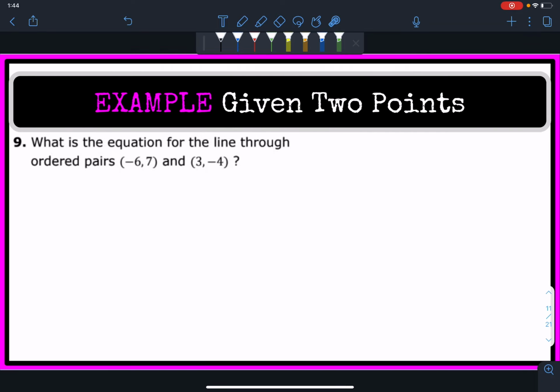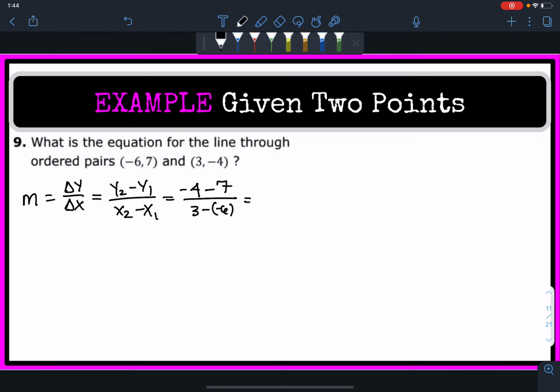And for our final example, another one of the same thing again, we would start by doing the exact same thing, first using our slope formula. -4 minus 7 divided by 3 minus -6 would give us -11 over 9. So y minus y1 is equal to m times x minus x1.